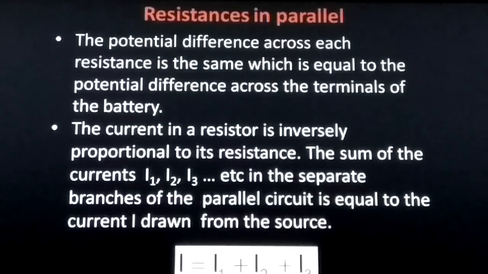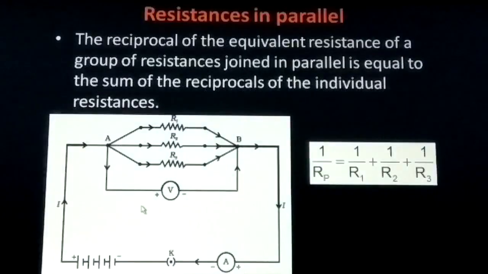Now students, these are the characteristics or properties of resistances in parallel. This is how they are connected in parallel. Also, here the resistance is the inverse of the sum of the inverses of each resistor.